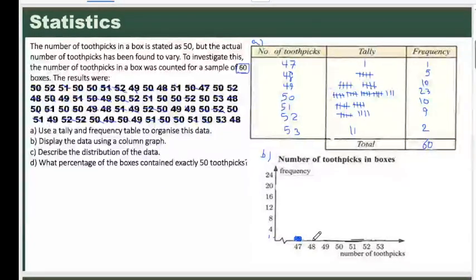For 48, I had 5. So 48, 5. If I consider 5 here, I bring 5.